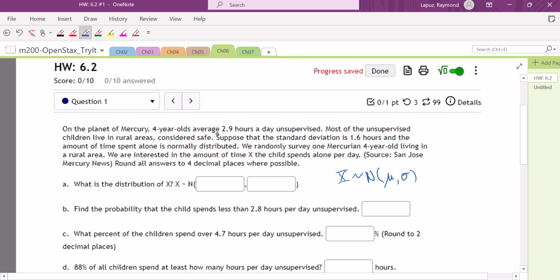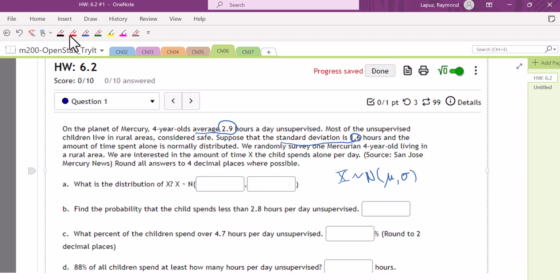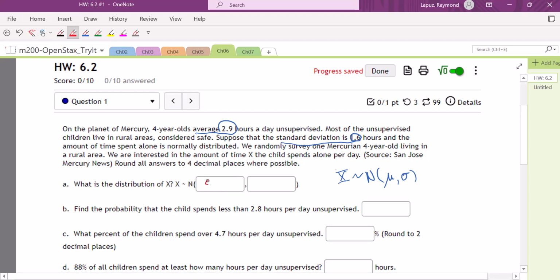Well, we have our mean and our standard deviation identified, so those are the 2 values that we're going to want for this first one. So we're going to be putting in 2.9 for the mean and 1.6 for the standard deviation.